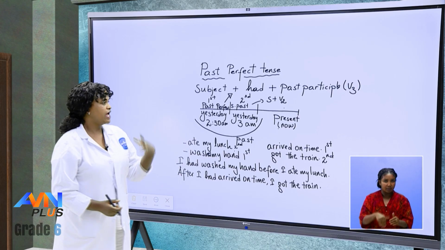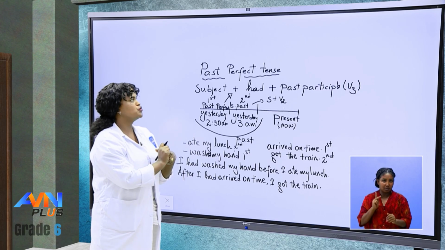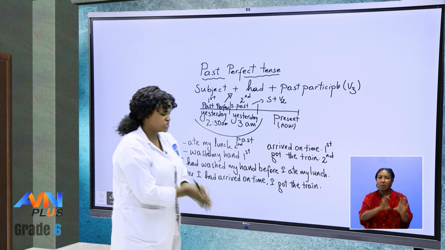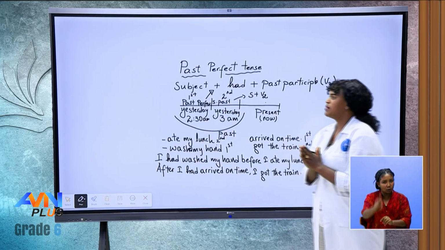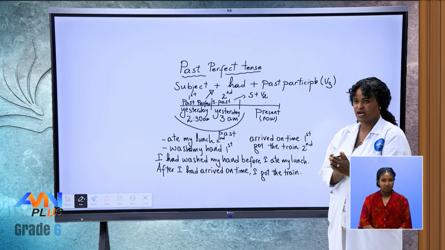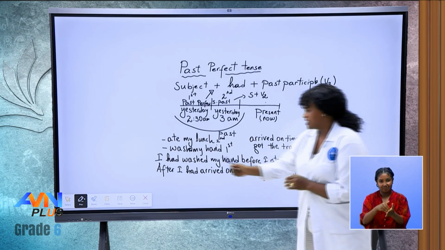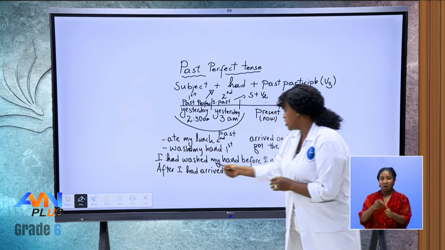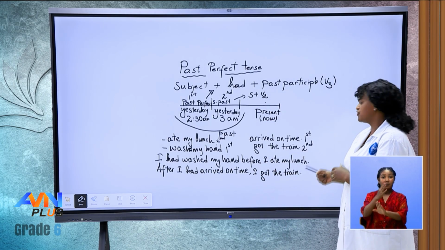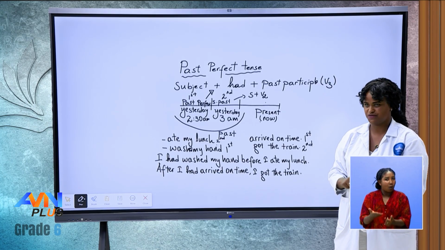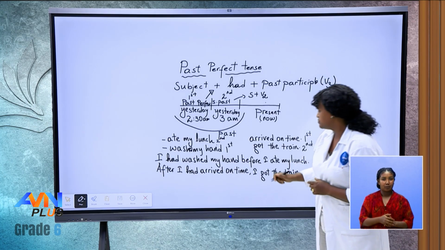All right? And the other thing is how to make negative and positive interrogative in a past perfect. That's what we tried to see last time. Let's do it again, okay? For example, for this one, I had washed my hands before I ate my lunch. How do you make it negative? Let us simply take this one.